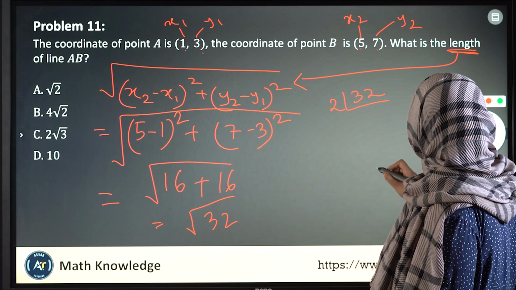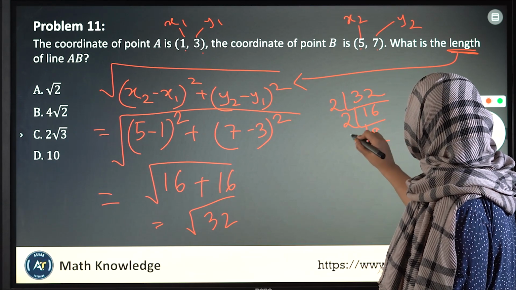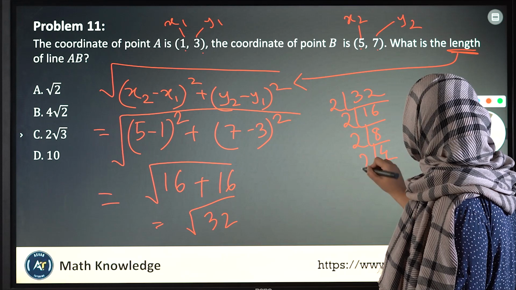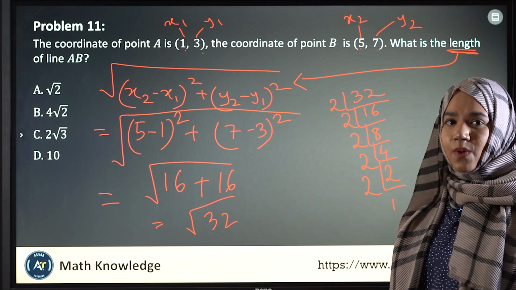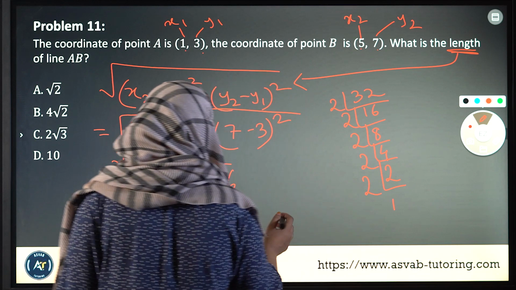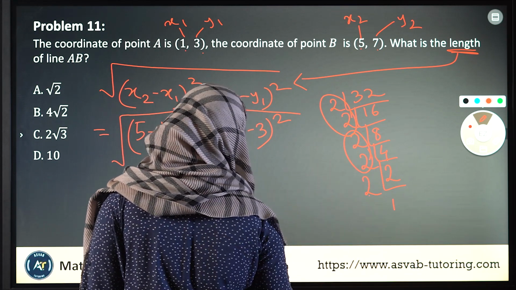So we know 2 times 16 is 32, 2 times 8 is 16, 2 times 4 is 8, 2 times 2 is 4, 2 times 1 is 2. Because it's a square root, this means that we need to put the pairs together. We have 1 pair, we have another pair, and we have a 2 that's remaining.